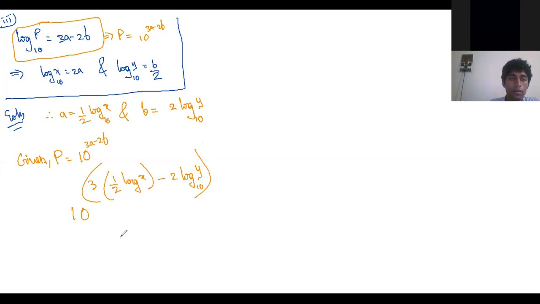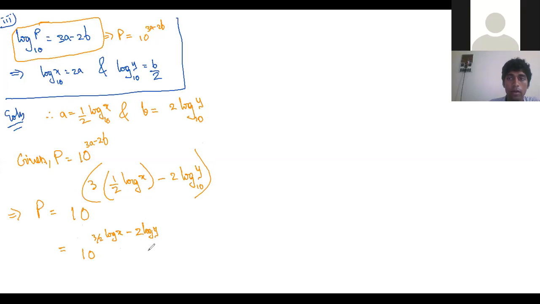Then we multiply it: 3 by 2 log x. P is equal to 10 to the power 3 by 2 log x, and then minus 2 log y. Okay, minus 2.